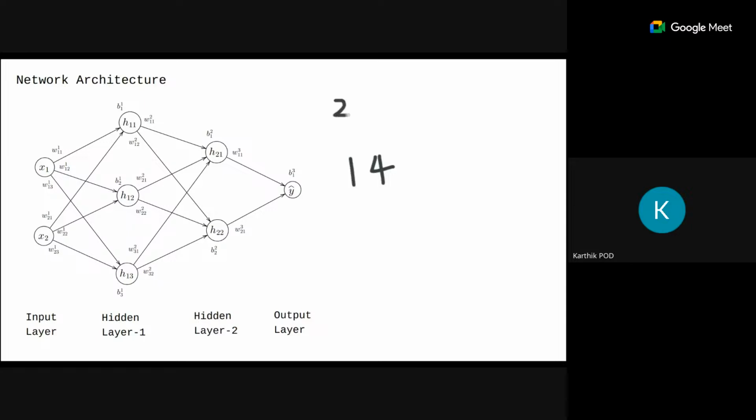That is 2 into 3, the number of connections in the first hidden layer. Then from the first hidden layer to the second hidden layer, you have another 3 into 2. And finally, from the hidden layer to the output layer, you have 2 into 1. So that's 12 plus 2, 14. These are 14 weights.